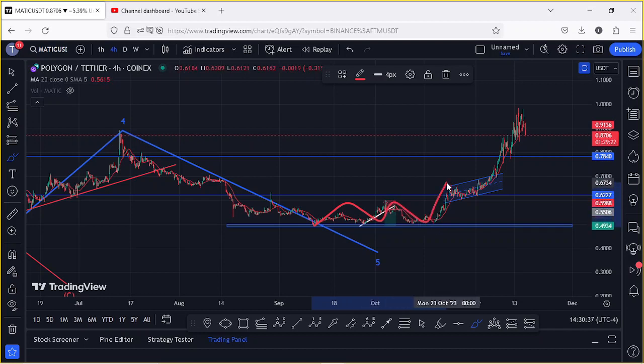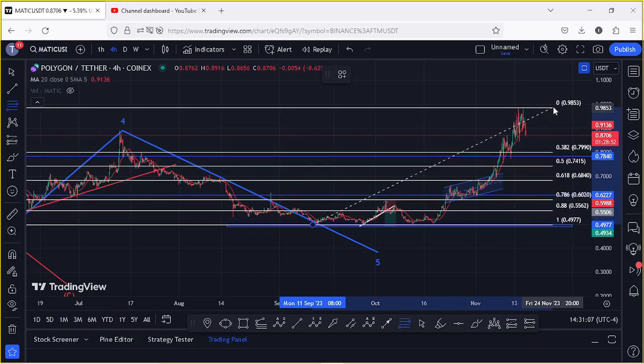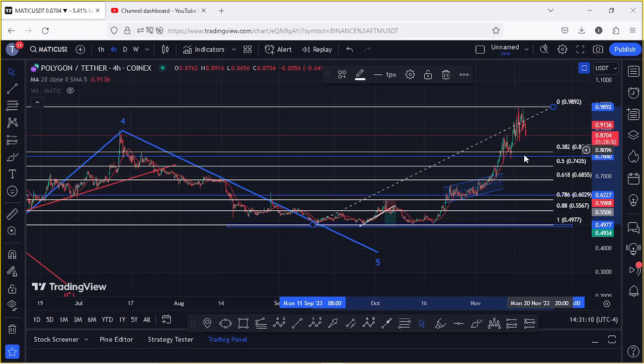The moment we managed to break above the $0.6227 mark, Matic saw this explosive move to the upper side, giving us a high above the $0.9873 mark. Using the Fibonacci to get minimum areas within which we can expect a pullback, since a pullback is now imminent, I connect the Fibonacci from the low that we made on the 11th of September to that high above the $0.98 mark.